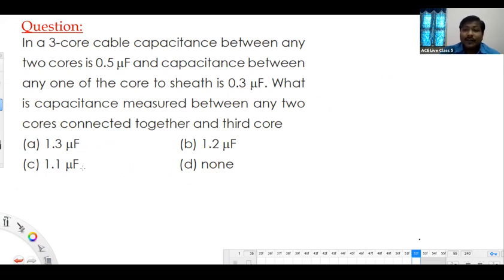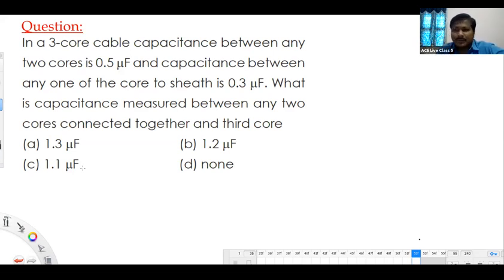Capacitance between any one of the cores to sheet is 0.3 microfarads. What is the capacitance measured between any two cores connected together and the third core? Between that, you have to measure the capacitance value and you should give the number.